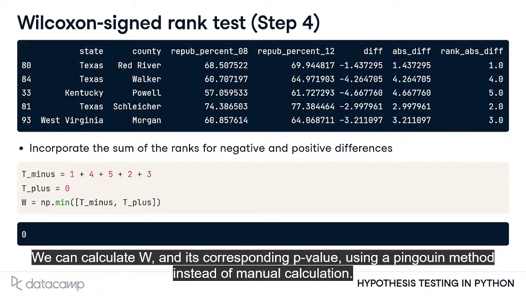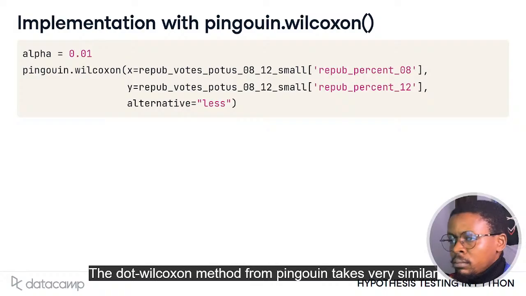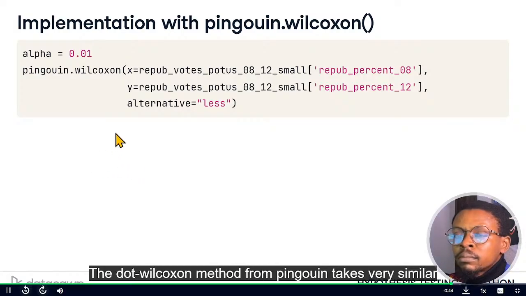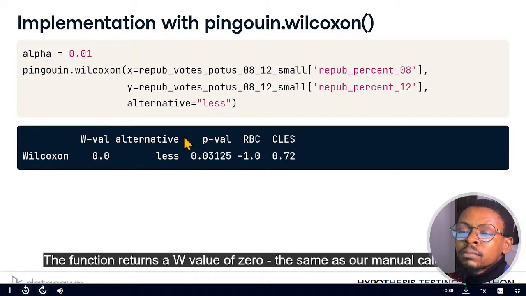We can calculate W and its corresponding p-value using a Pingouin method instead of manual calculation. The .wilcoxon method from Pingouin takes very similar arguments to the .ttest method, except it doesn't have a paired argument. The function returns a W value of 0, the same as our manual calculation.